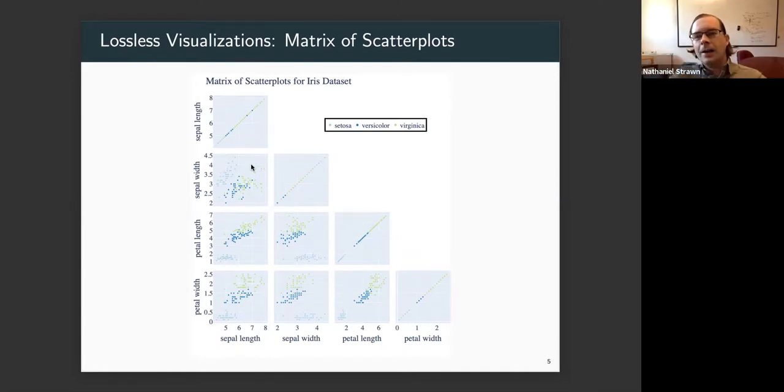Also, as you go into higher and higher dimension, you have a lot of scatter plots. You have dimension choose 2 scatter plots, displayed over the entire viewing plane. So in, say, even 100 dimensions, you have way too many little scatter plots to look at.